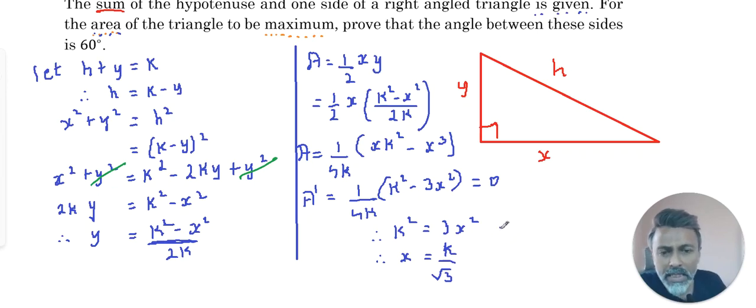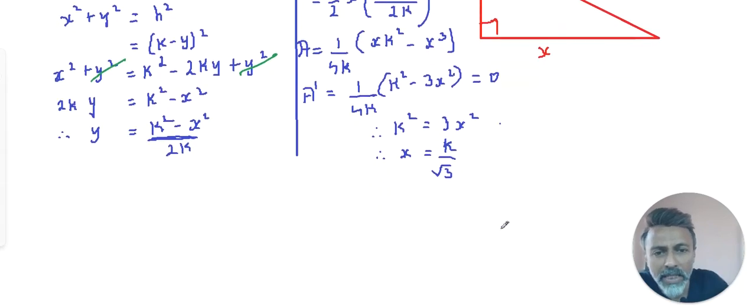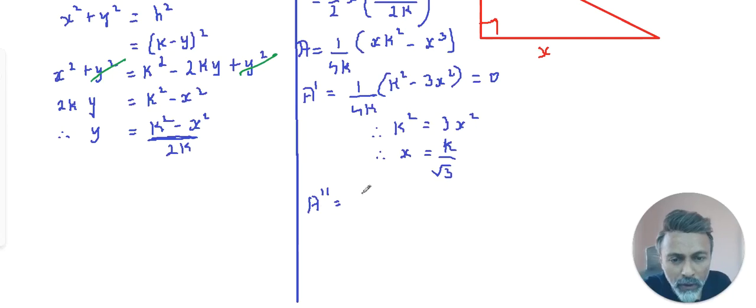Let us now take the second derivative. We know the answer, still it's compulsory to take the second derivative. A double dash is equal to 1 upon 4k, K square derivative is 0, we are differentiating from this step, minus 6x.